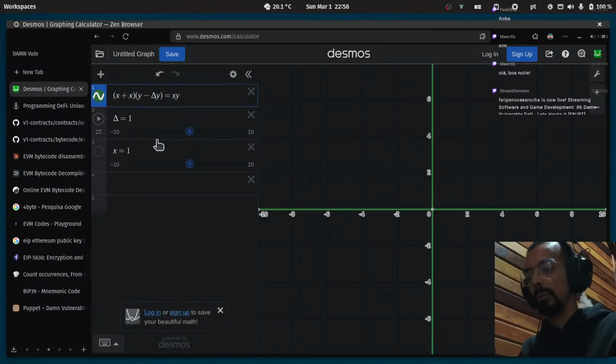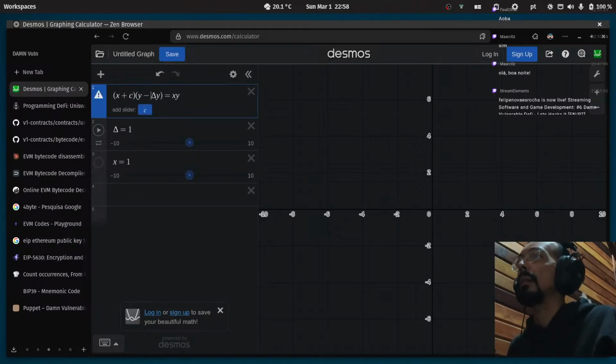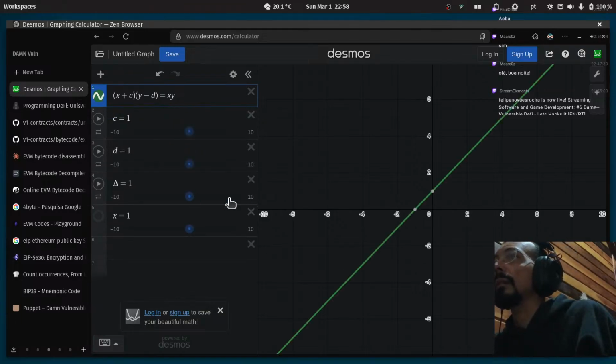Let's go C and D. Yes. Now we can see the line.